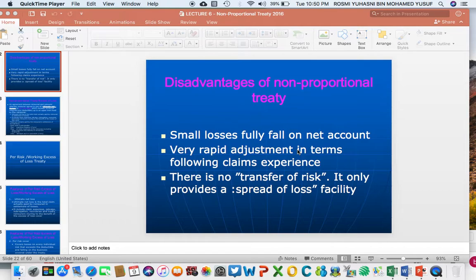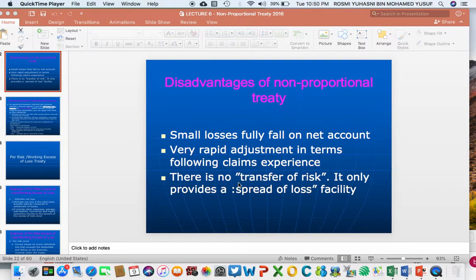Meaning that the rate will become more expensive compared to the current year if more claims occur during the year. So terms will change, and it comes to the rate of excess of loss premium.